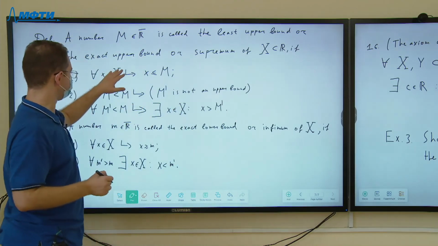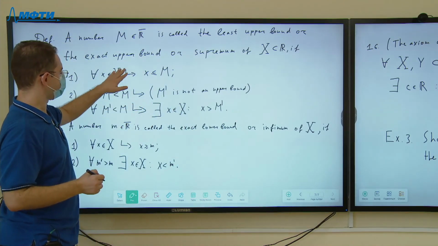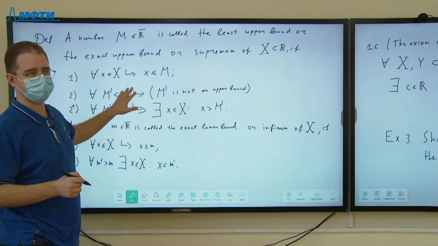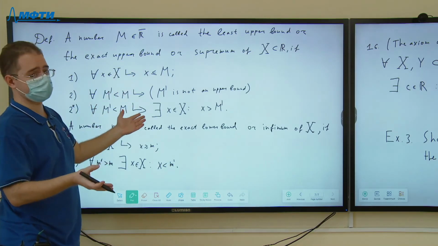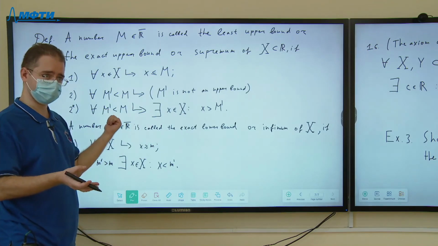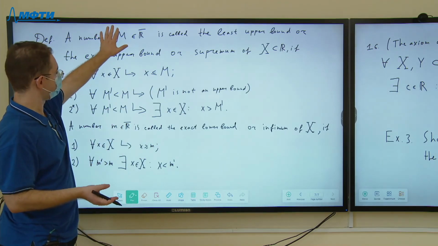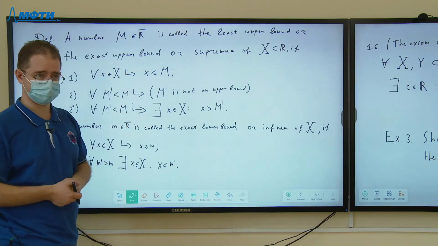Look, over here I didn't use any addition and multiplication. I only compared numbers, and we can compare infinities with real numbers. So this definition holds the same way.